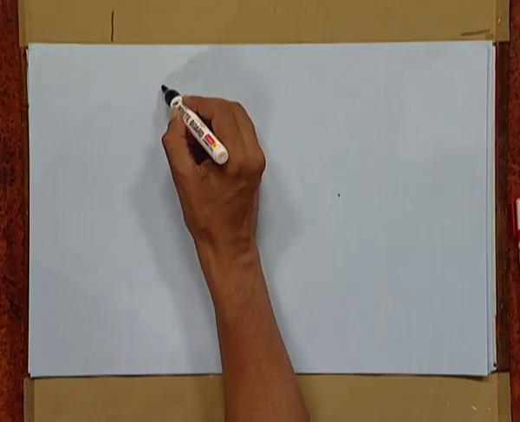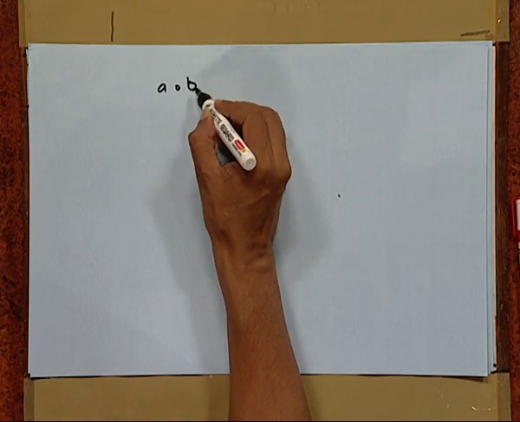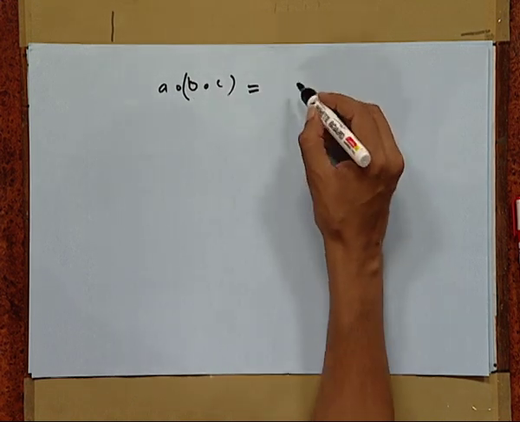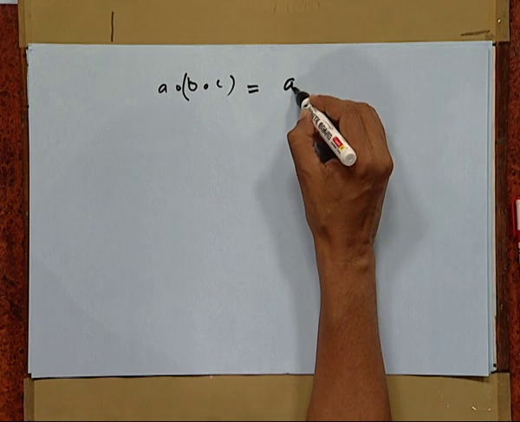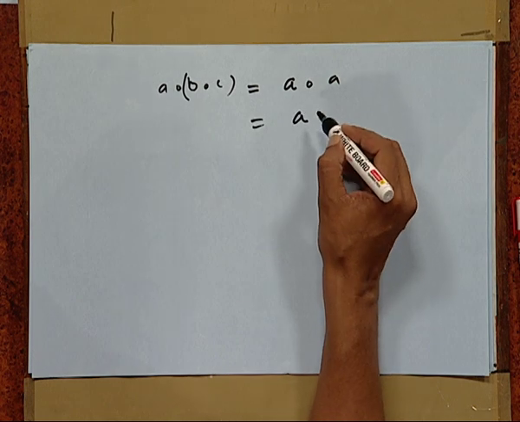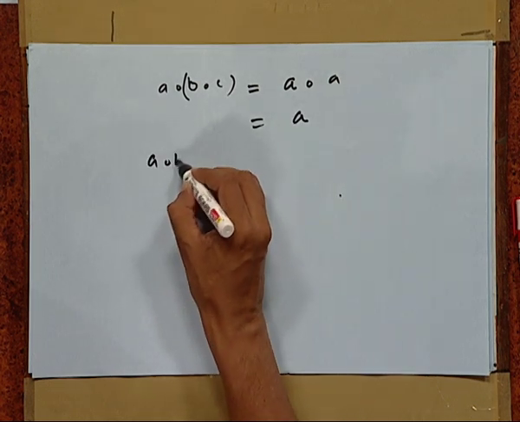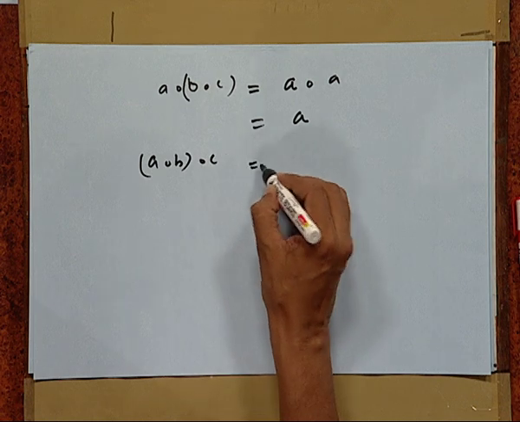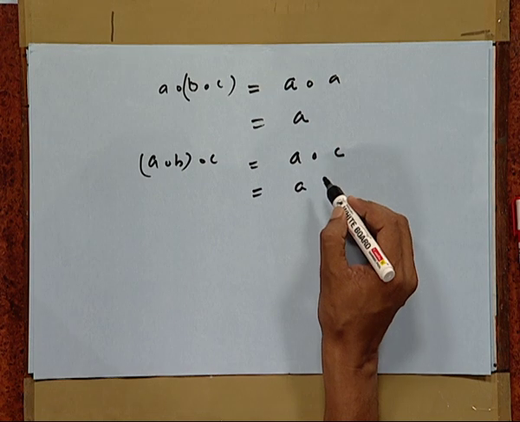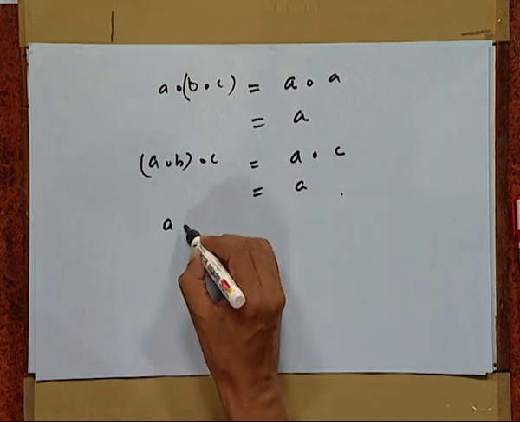Next, we will show that O is associative but not commutative. Let us take A O (B O C), that is equal to A O B, that is equal to A, while (A O B) O C is equal to A O C, which is again A. Thus, in both the cases they are the same results.